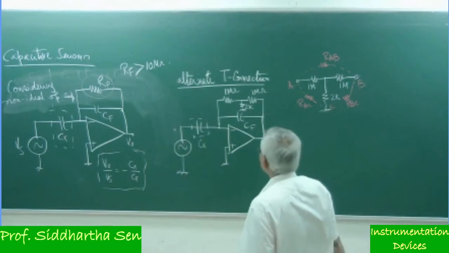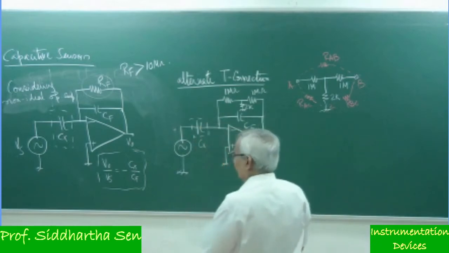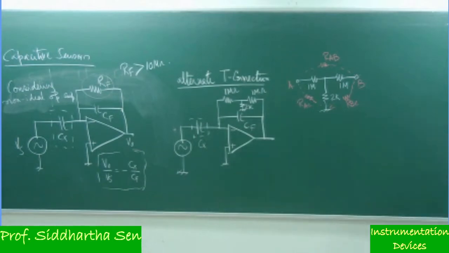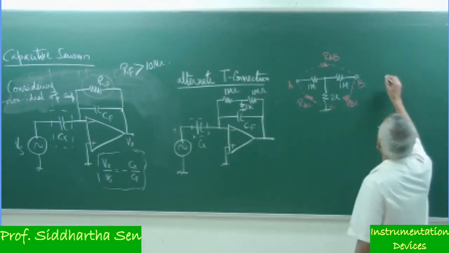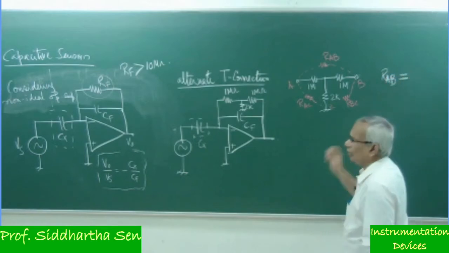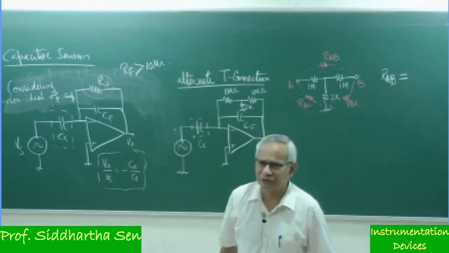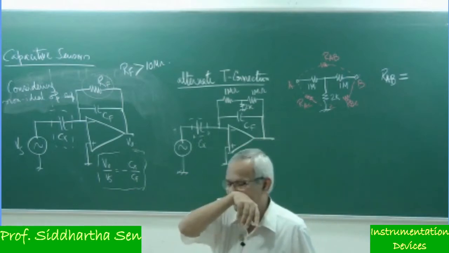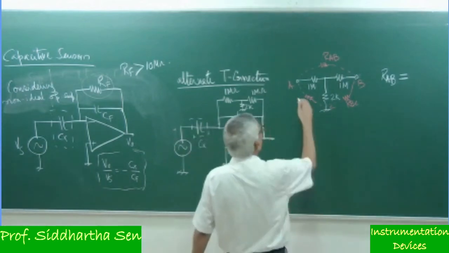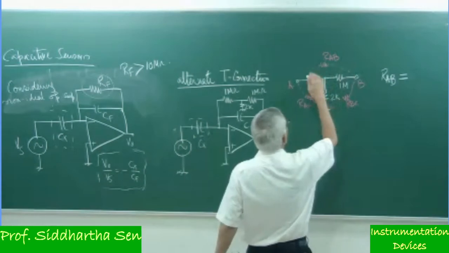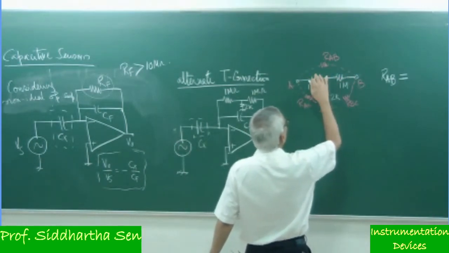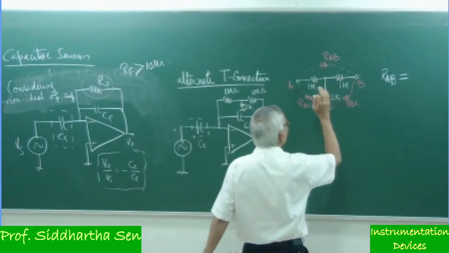like this, in that case, what is RAB? Here again, we will have to recall whatever we studied in our first year on the star to delta conversion. What is the star to delta conversion? From this point to this point, the equivalent resistance is this resistance plus this resistance plus this into this divided by this.